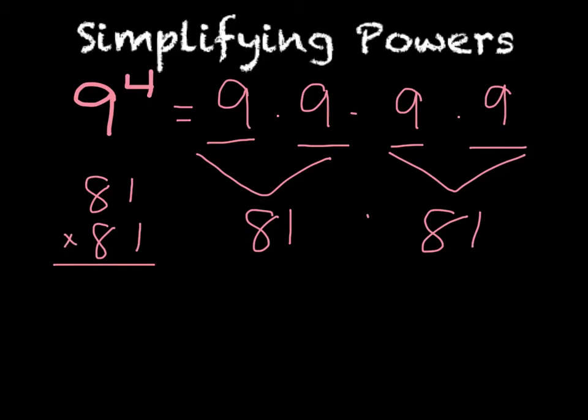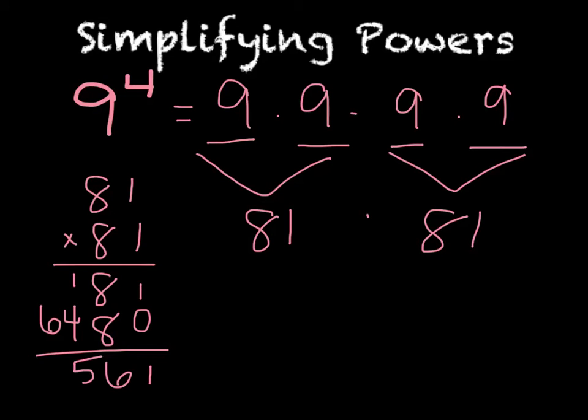So there may be times where I have to go ahead and show my multiplication out over on the side to finish, but by grouping the pairs of numbers, I was able to accomplish this pretty easily with only one multiplication problem. So I get 6,561. That's what I'm going to get when I do 9 to the 4th power.